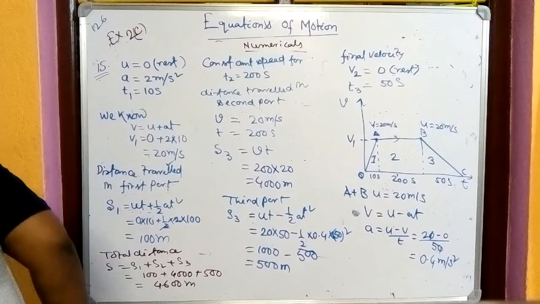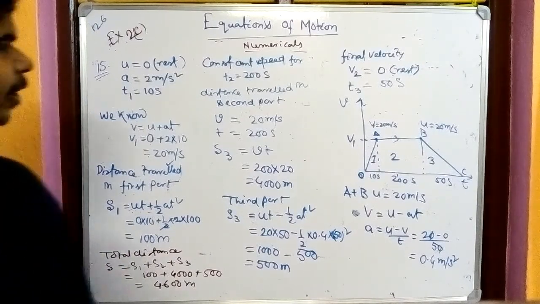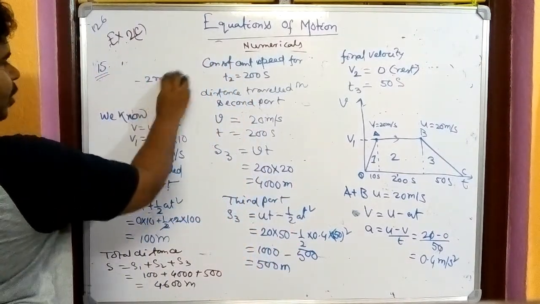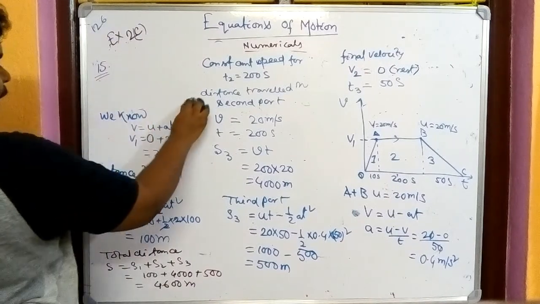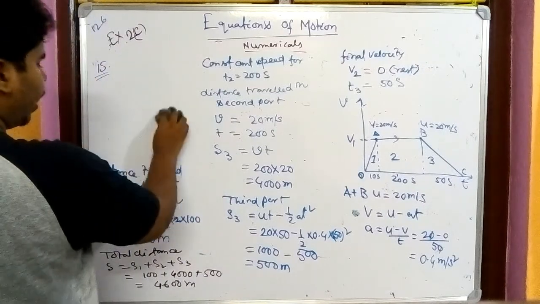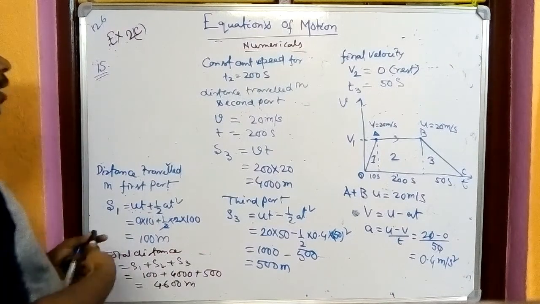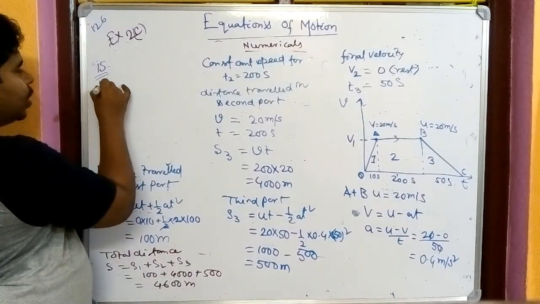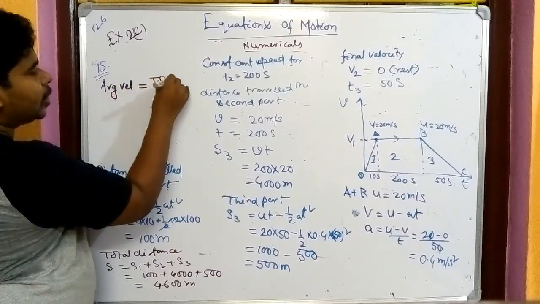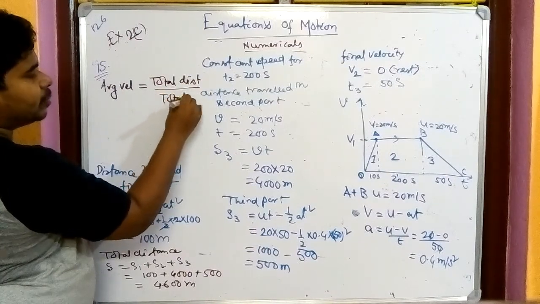Let me erase something. What is the average velocity of the train? I'm erasing this portion, then it will be easier for us. How can we find the average velocity? Average velocity is total distance by total time.